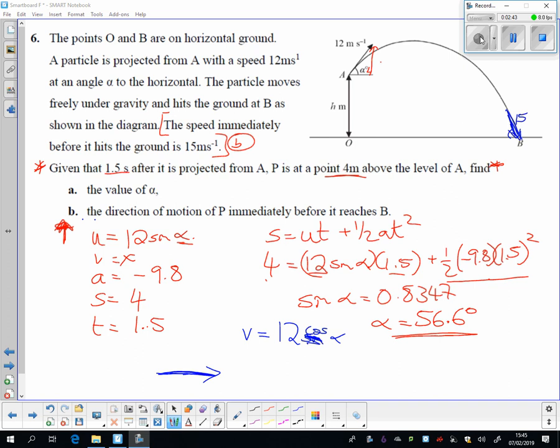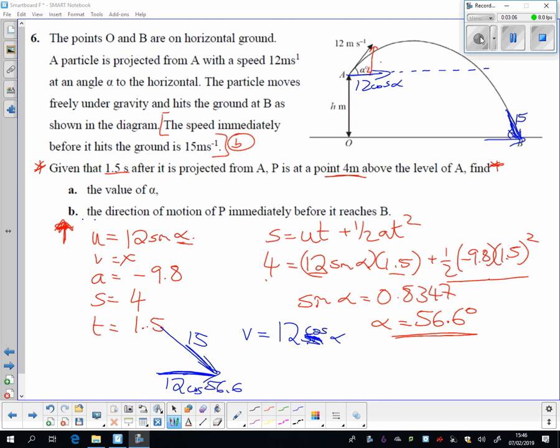This speed, it's set off at 12 cos alpha, and of course it keeps going at 12 cos alpha. So along the bottom here, we know we're going at 12 cos 56.6. We've also been told that it's hitting the ground here at a speed of 15.